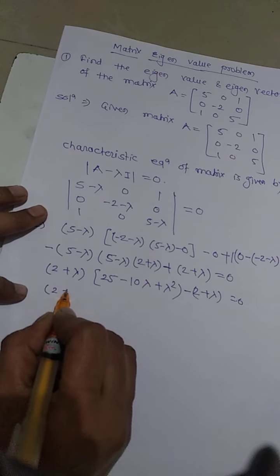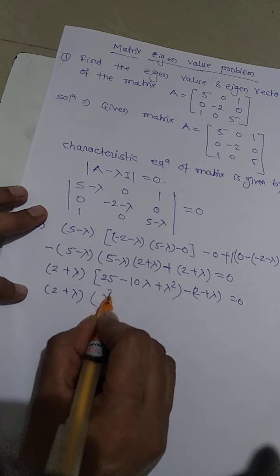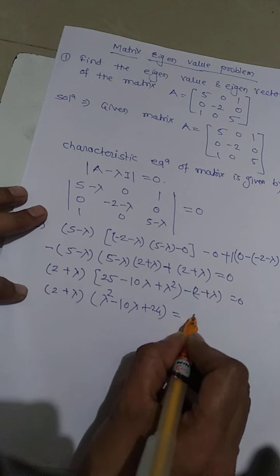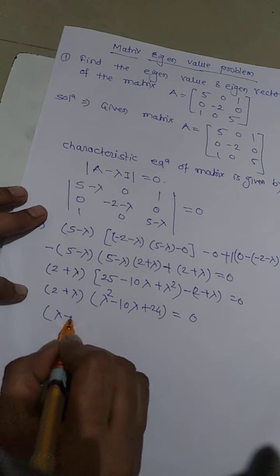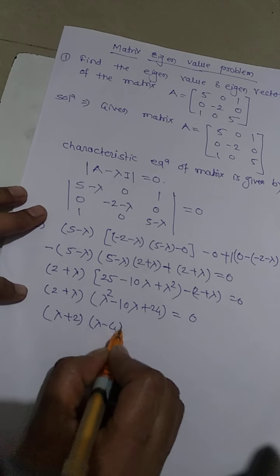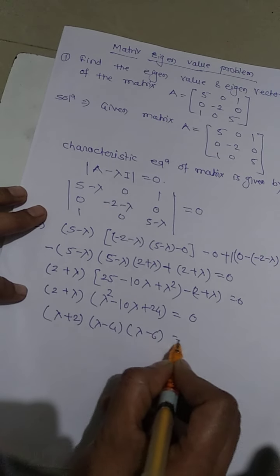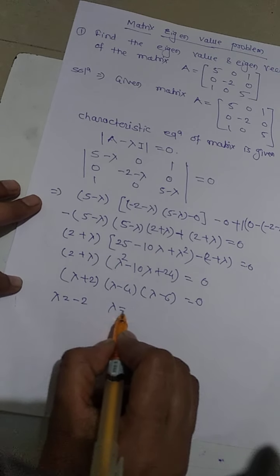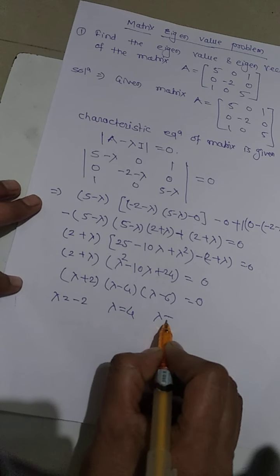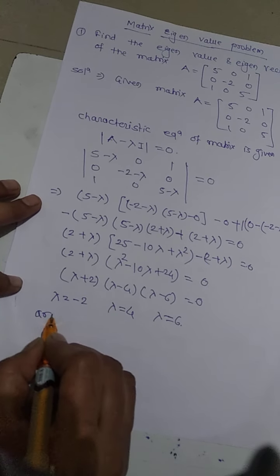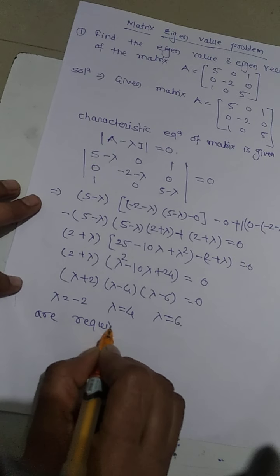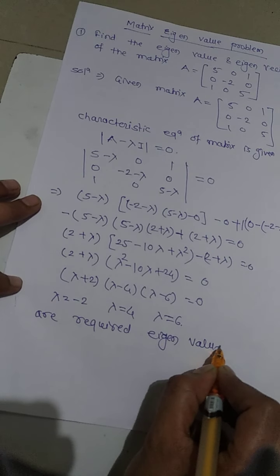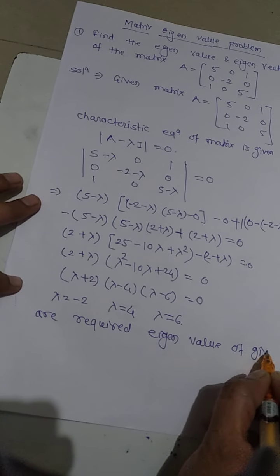Then (2 plus lambda) into (lambda square minus 10 lambda plus 24) is equal to 0. Then (lambda plus 2)(lambda minus 4)(lambda minus 6) is equal to 0. Therefore lambda is equal to minus 2, 4 and 6 are the required eigenvalues of the given matrix.